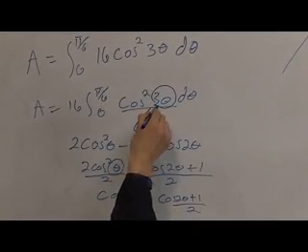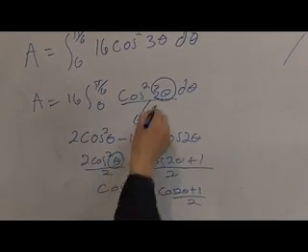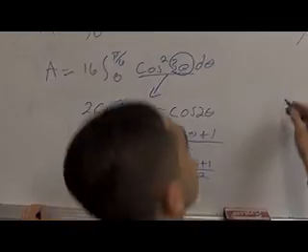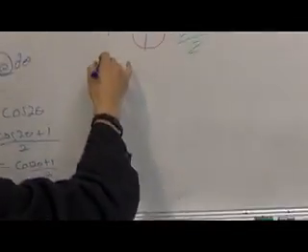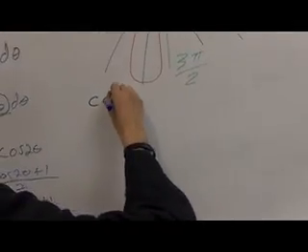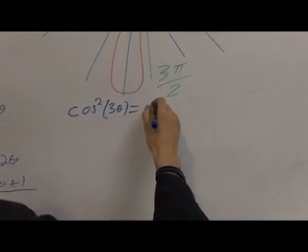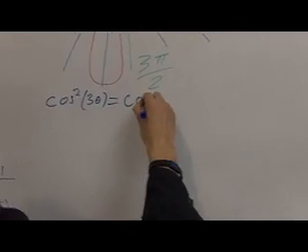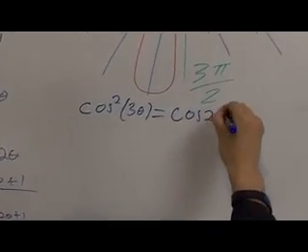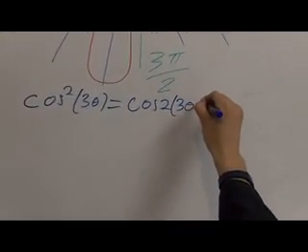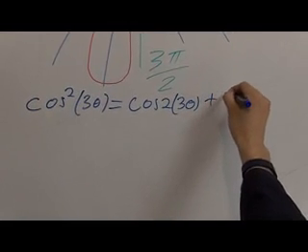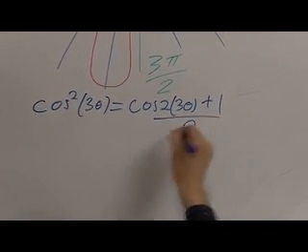So we're going to have to plug in 3 theta for theta. So cos squared 3 theta equals cos of 2 times 3 theta plus 1, divided by 2.